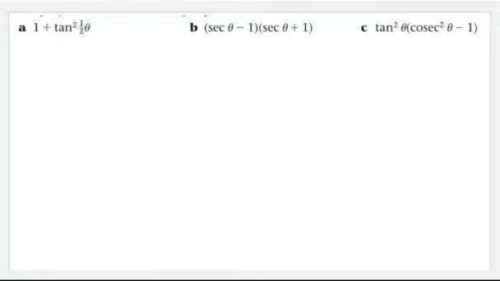Sec squared of a half theta. Yes. So using the fact that tan squared x plus 1 is sec squared x, we know that this is going to simplify to sec squared of a half theta.